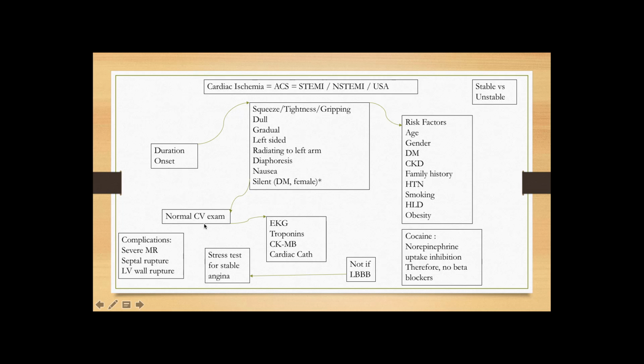So the next is complications. So patients who come in with acute coronary syndrome and they have either ST elevation MI or non-ST elevation MI, they obviously have myocardial infarction and they are at very high risk for death. So it's obviously very important to identify and diagnose this condition.